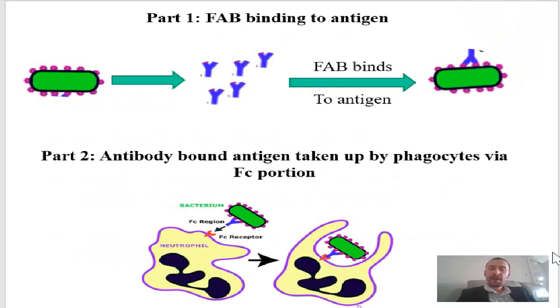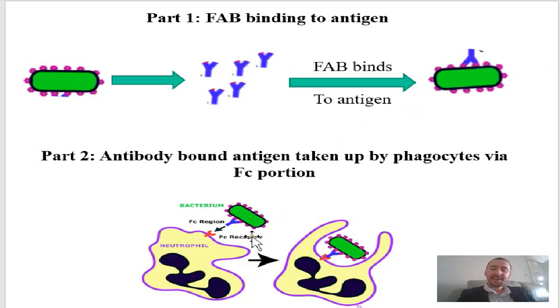Okay, so here we have one functionality of the antibody, which is to directly bind and opsonize the pathogen, as seen here. The Fab region, as you can see, has attached to the pathogen, where the Fc region is like a little tail sticking out, trying to get the attention of the phagocytes.